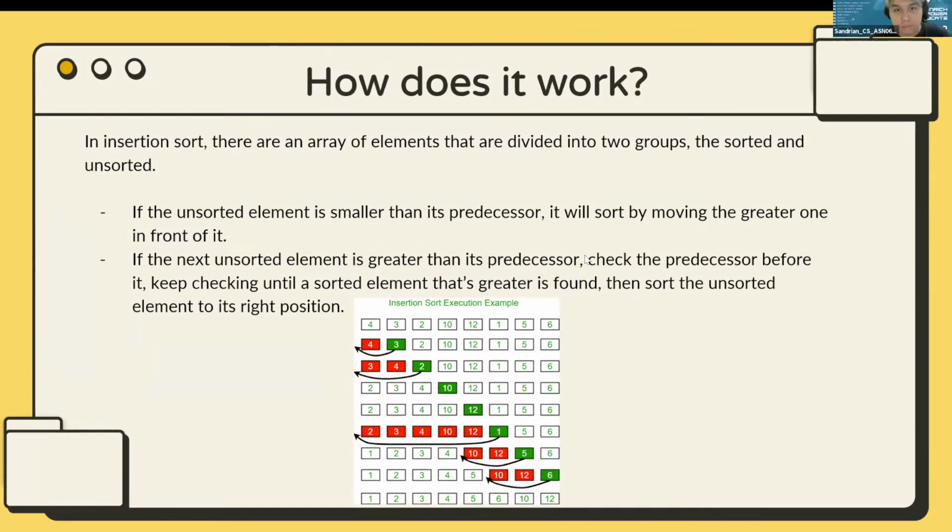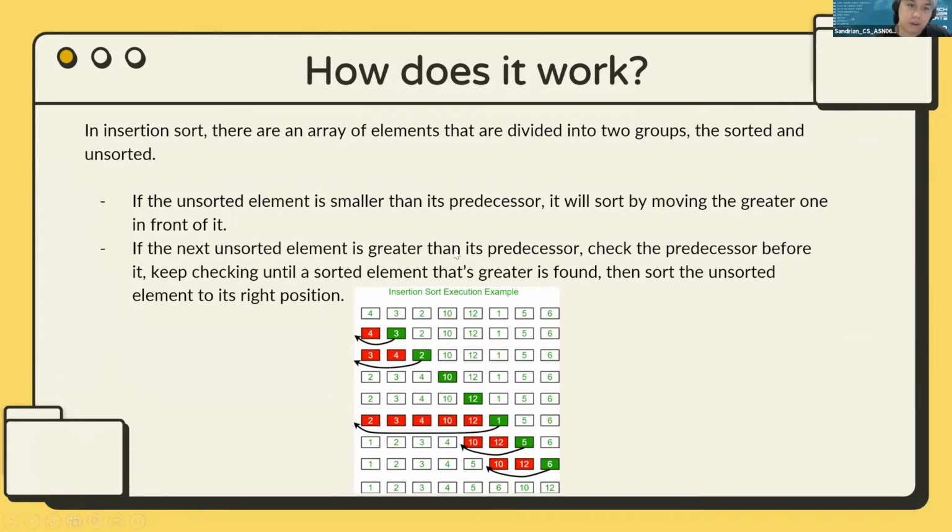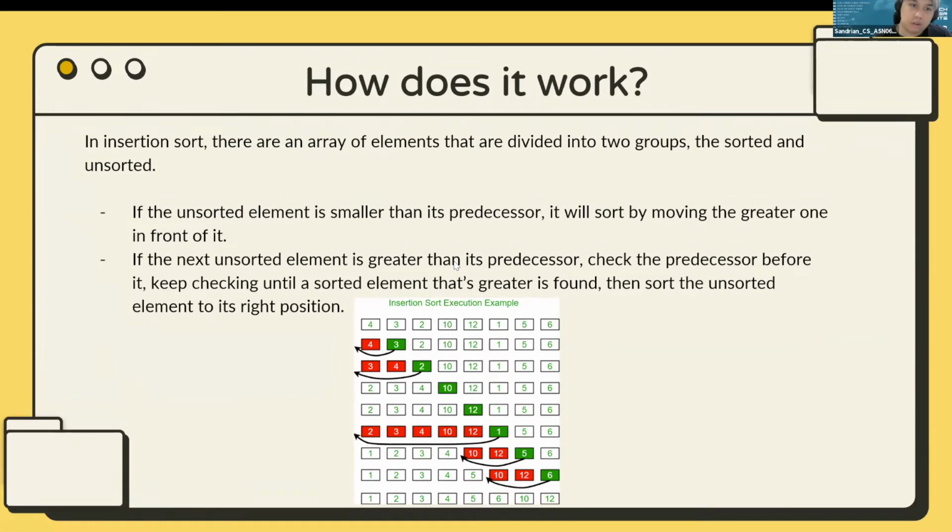All right, I'll be explaining how does it work. So in insertion sort, there is an array of elements, in this example, their values. They're divided into two groups, the sorted and unsorted.